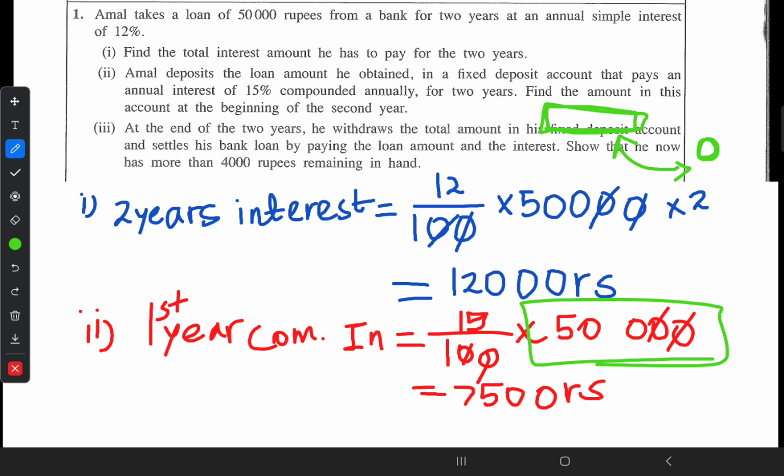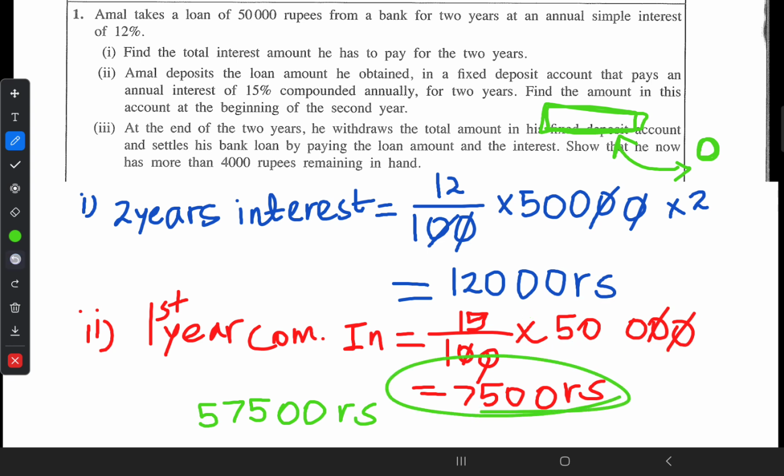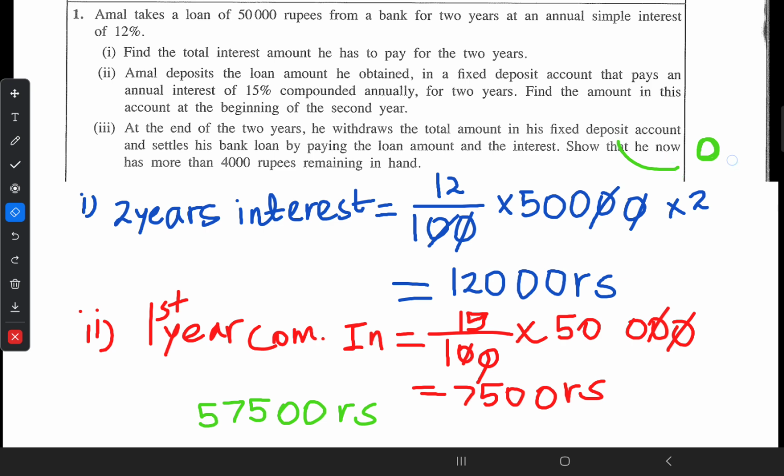Now at the end of the first year he is receiving 7,500 rupees as interest. So both together, at the beginning of the second year, the amount in his account should be 57,500 rupees. That's the amount in his account when starting the second year.